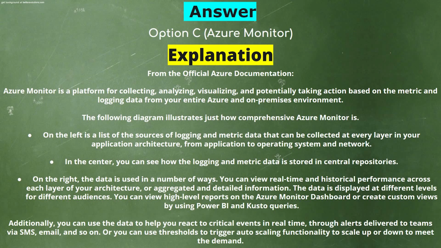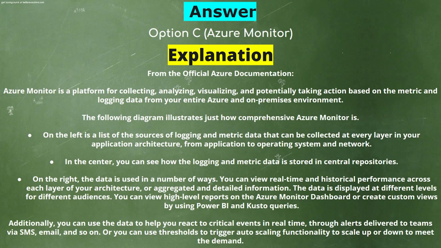Next, in the center, you can see how the logging and metric data is stored in central repositories. Next, on the right, the data is used in a number of ways. You can view real-time and historical performance across each layer of your architecture, or aggregated and detailed information. The data is displayed at different levels for different audiences.